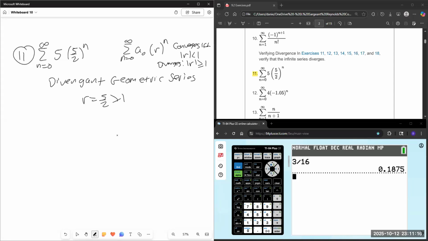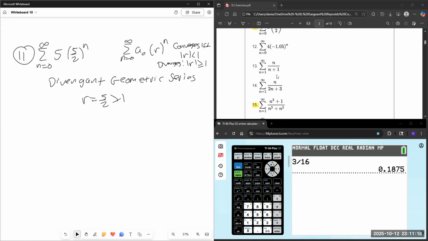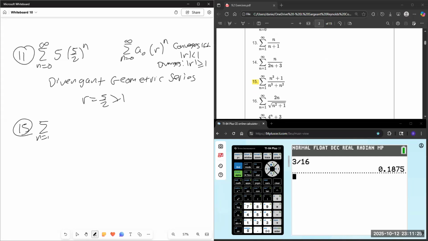Okay, so let's look at 15. N equals 1 to infinity of n cubed plus 1 over n cubed plus n squared. Let's use the nth term test for divergence.